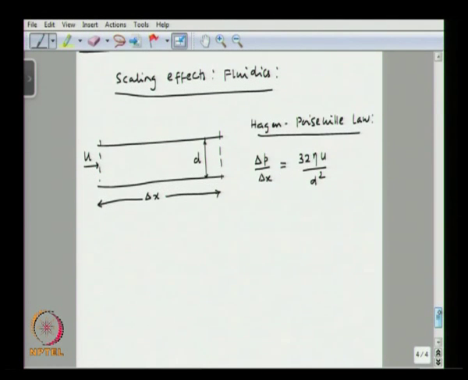Here delta P is the pressure drop, delta x is the length of the tube, eta is the dynamic viscosity, u is the average velocity, and d is the diameter.